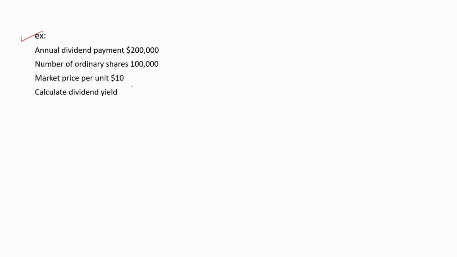Now let's do this example. We have to calculate the dividend yield, which is equal to dividend per share divided by market price per share. We have to calculate the dividend per share. They have given us the annual dividend payment and the number of ordinary shares.